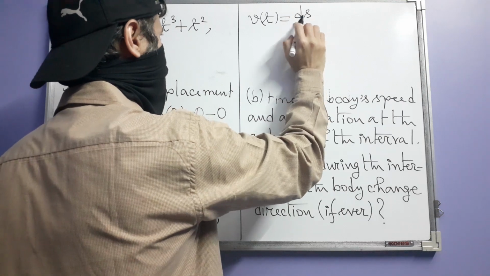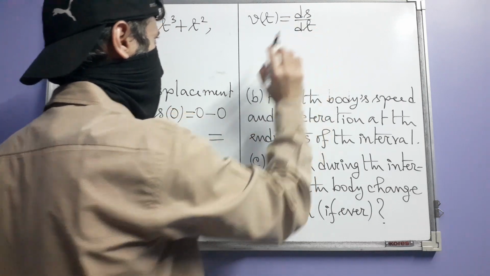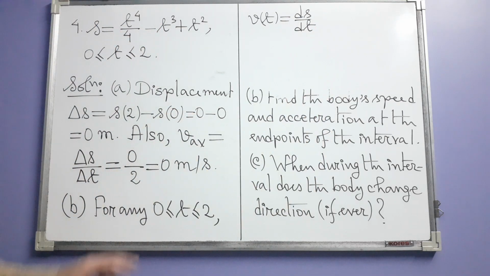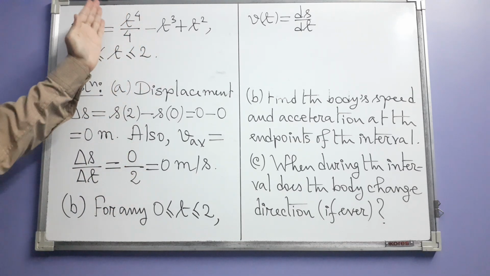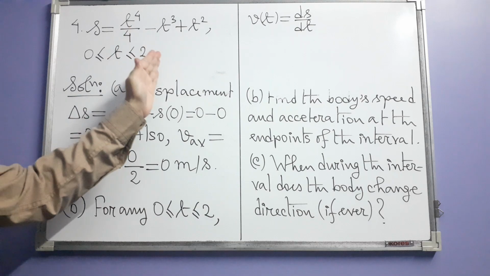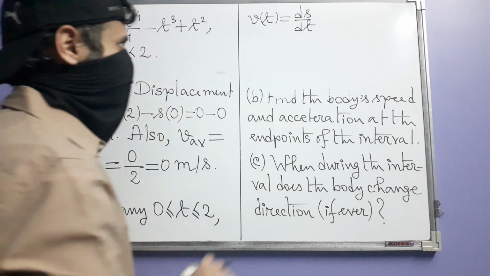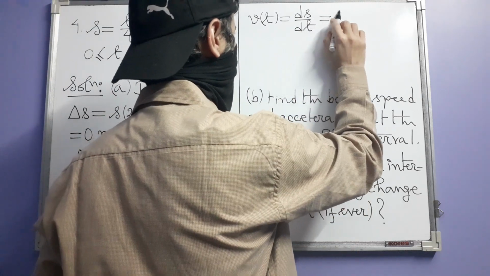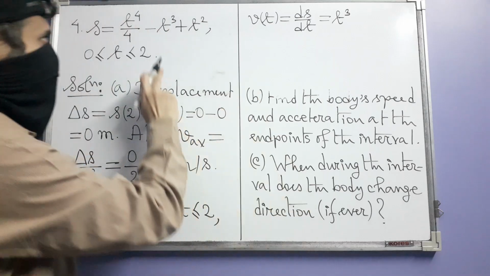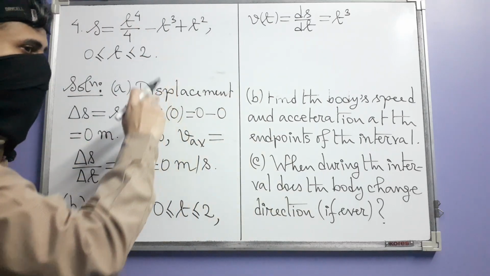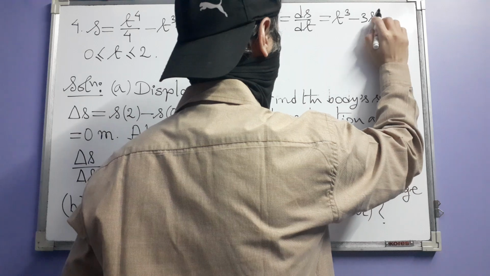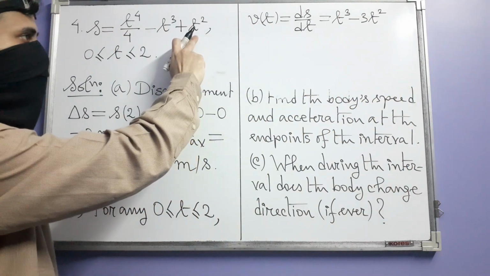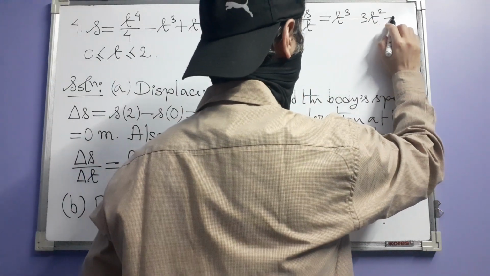By definition, it's the derivative of the position with respect to time. If you differentiate this, the first term will be 4t cube divided by 4, that means it's t cube. Differentiating t cube, you get 3t square, so minus 3t square. And differentiating t square, you get 2t.